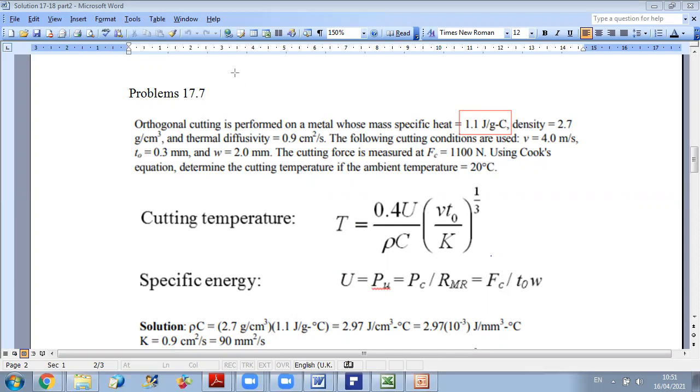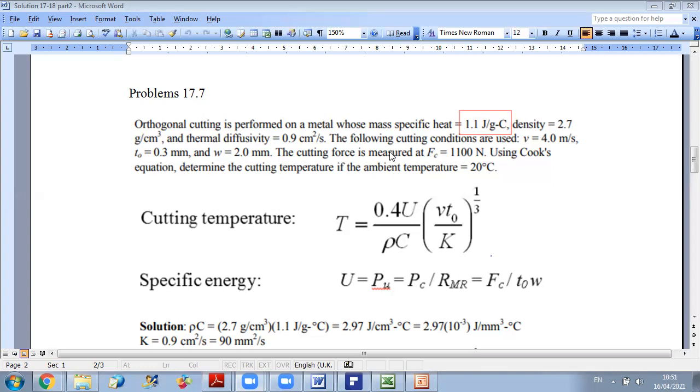Now, to get U, I should see what is the type of material used. The operation is performed on a metal. They didn't give me the type to get U, but I can get U from knowing the cutting force.